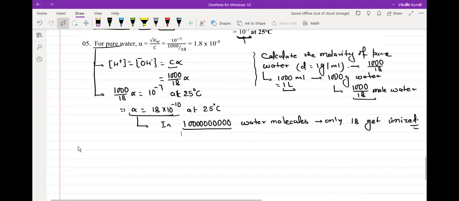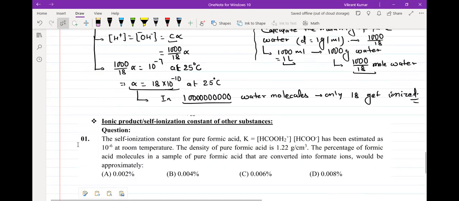I am giving you 2 questions. See this first question. Try to solve this one. And if you see the options, the first thing to do after reading the question is look at the options. The options give you the hint that exact calculation is not needed. This is in the range, right? See, it is not like 0.002468.